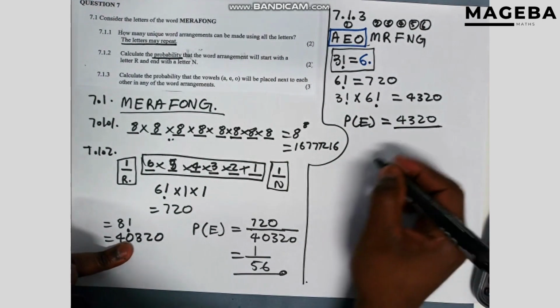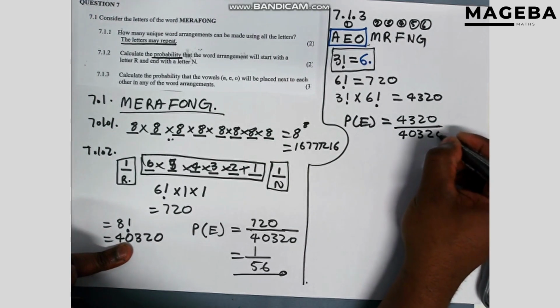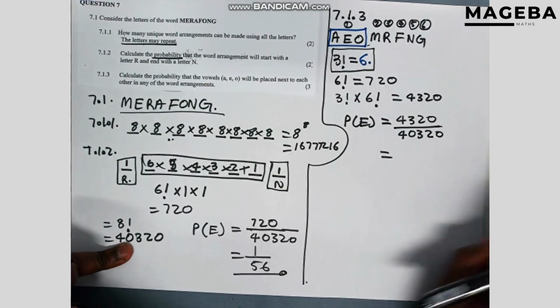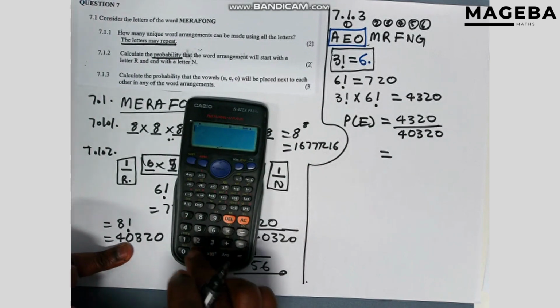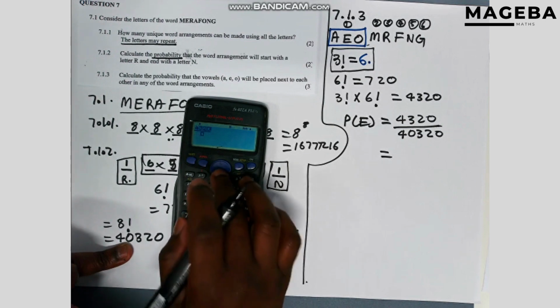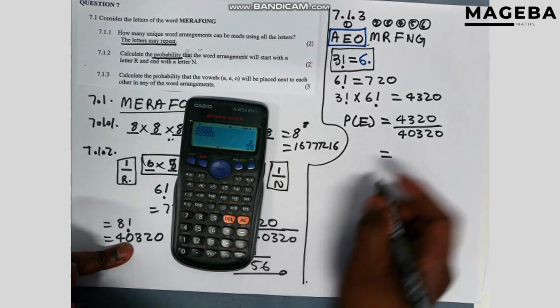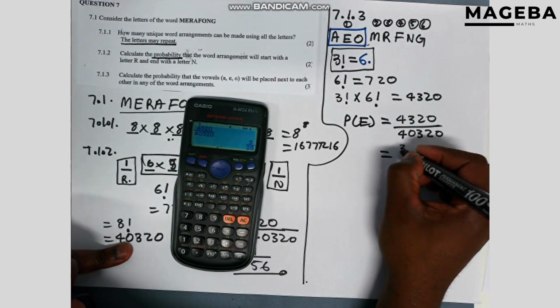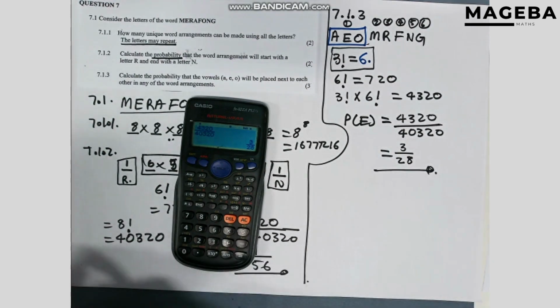We found it earlier, which was 8 factorial, which was 40320. So 4320 over 40320 is 3 over 28. So this is the probability that we are looking for. Thank you so much.